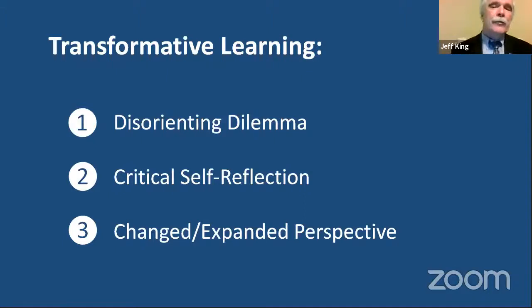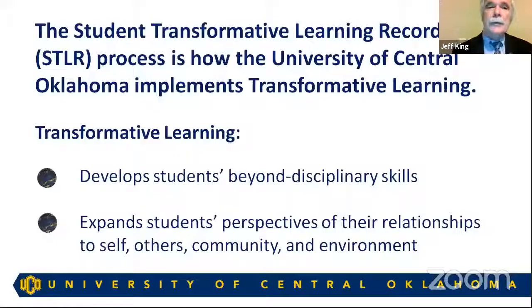In a process of critical self-reflection, she is able to adapt her worldview to accommodate this new dilemma. And in the process, what results is a changed or expanded perspective. So it's an internal change that serves her and the society in which she lives.